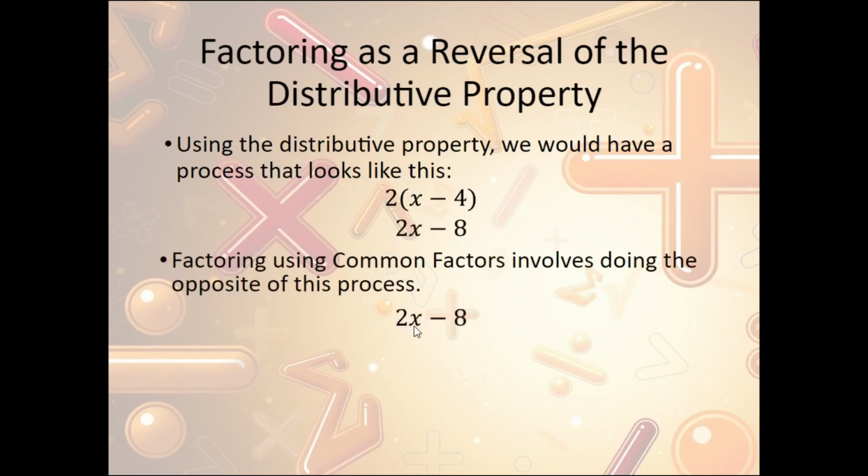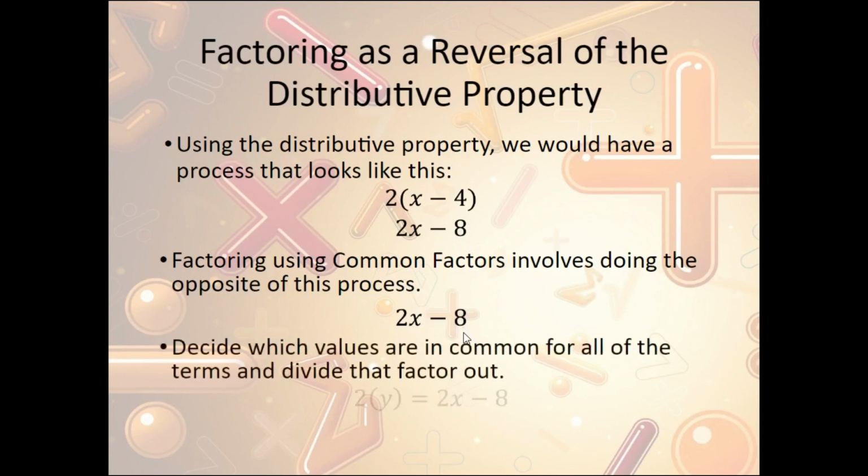Well, we know that 2x is divisible by 2 and negative 8 is divisible by 2. So I can pull that out and I end up with 2 times x minus 4. So really it's the same thing. So I just divided each of them by 2 and put that outside. So factoring in this way is exactly the opposite of the distributive property.